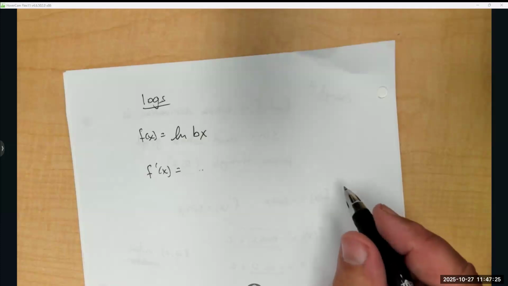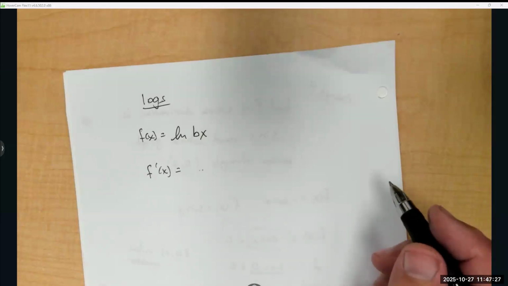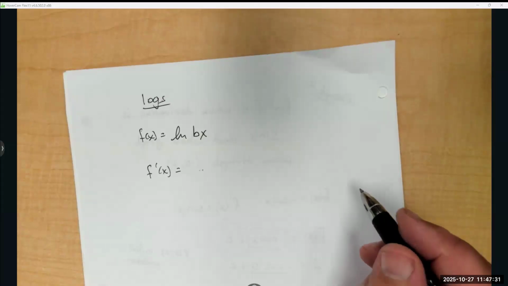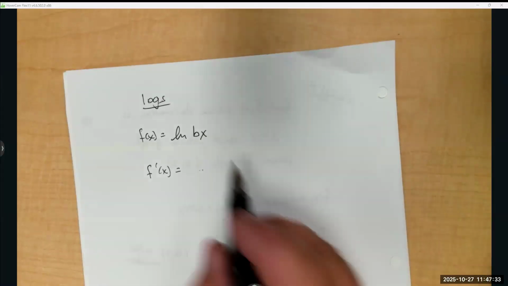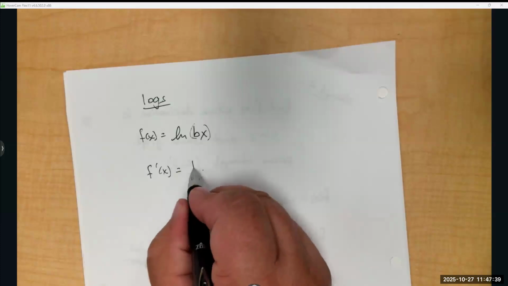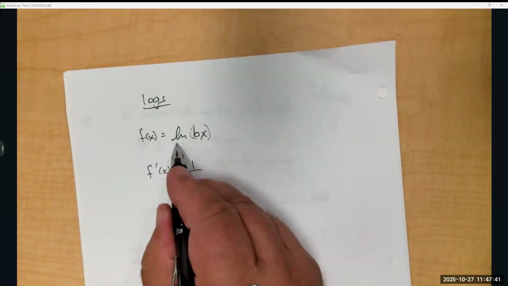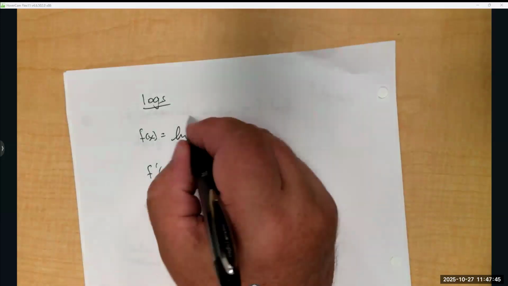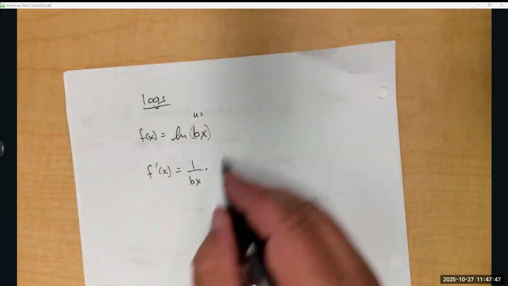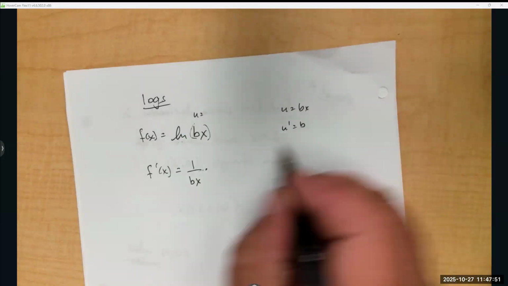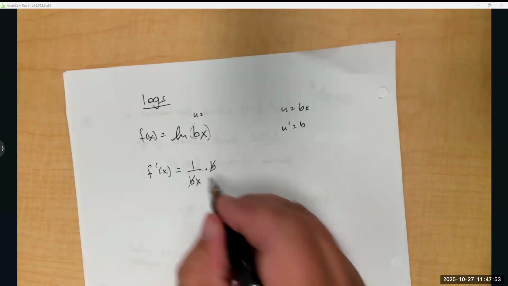Why is that? Because you find the derivative of ln, which is 1 over bx, times the derivative of u. If u is equal to bx, u prime is b. The b's cancel.